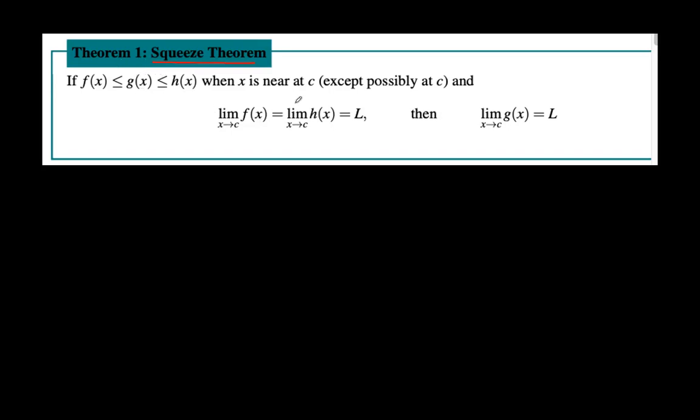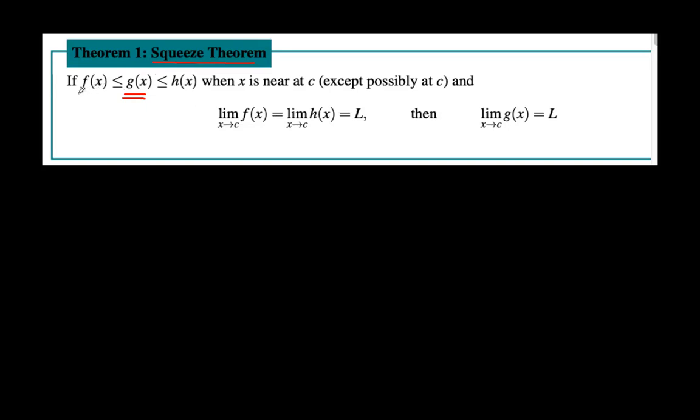So here it says that whenever we are solving for the limit of g of x, and if it's quite hard to find the limit of the function g of x, then we can find two functions which are greater than the given g of x or less than the given function g of x, which is f of x.